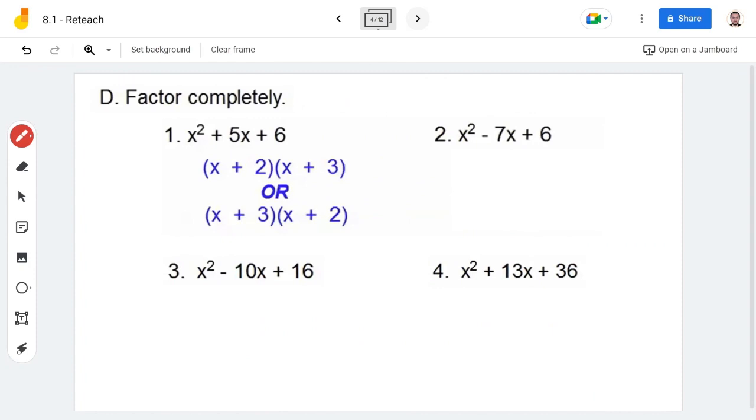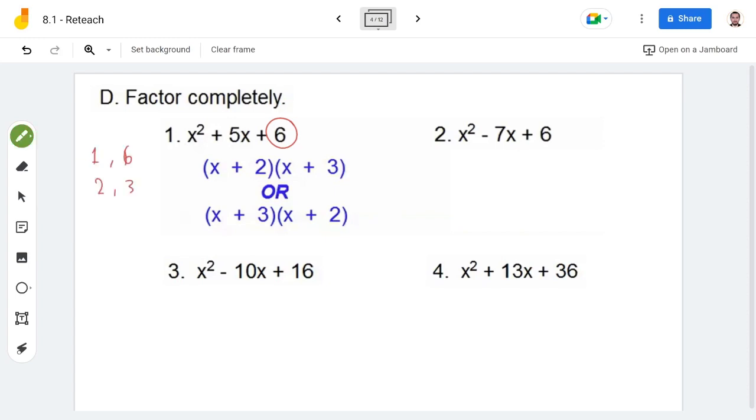Look at this example here. First of all, the factors of c. What are the factors of 6? We have 1 and 6, we have 2 and 3. Do we have any else? No. Now add the numbers.